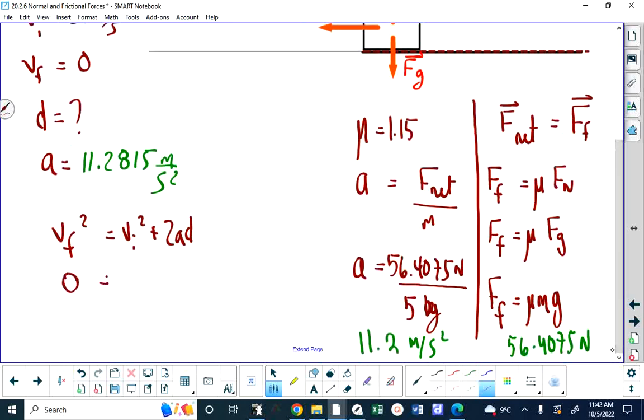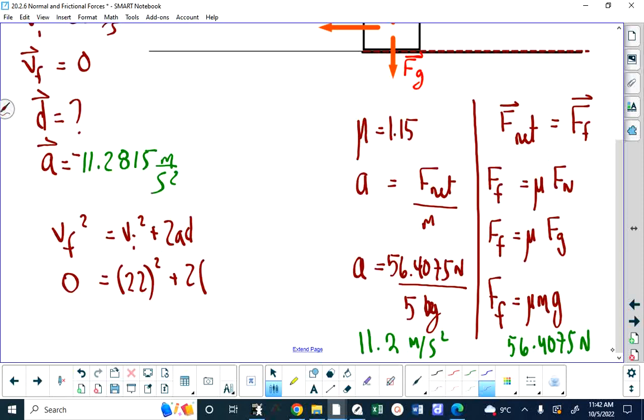VF is 0. We can put the, was it 22 meters per second? 22, I'll leave the units out, squared plus 2 times, now, direction is important here. Since this VI is to the right, it's actually positive when we include vectors on all of these, but that means the acceleration is in the opposite direction.